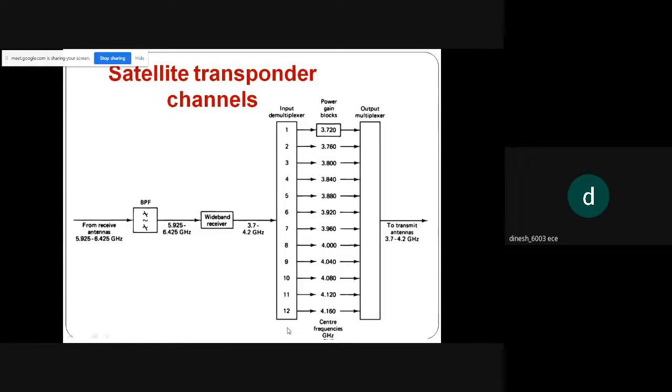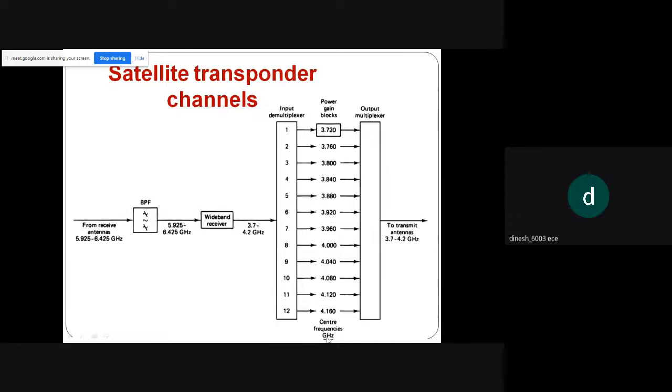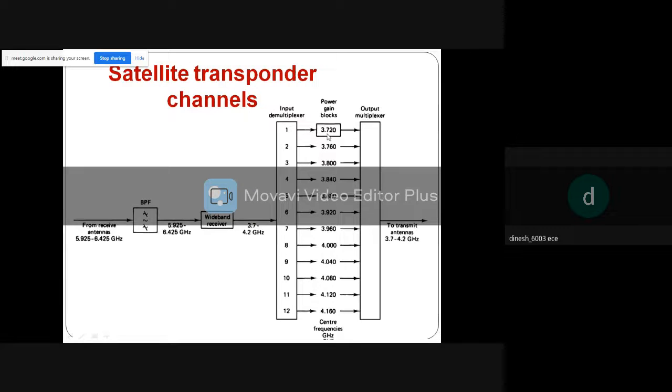So in each transponder, this frequency will be sent with a power gain block, and they are divided with respect to their center frequencies in gigahertz: 3.720, 3.760, 3.800, 3.840, 3.880, and it goes on.